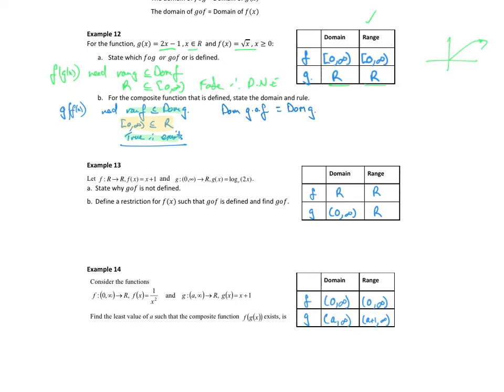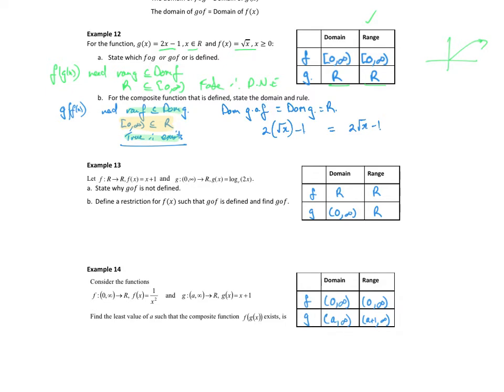Because that's the one that's generating all the values, and the domain of g is R. And the rule itself for g of f of x is 2 times, put f of x in there, so 2 root x minus 1, which is just equal to 2 root x minus 1.